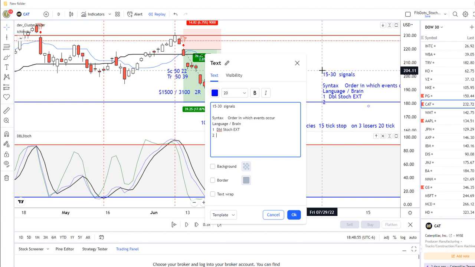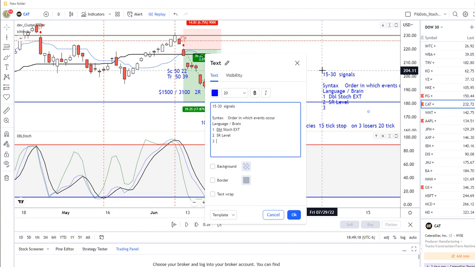2, I'd like this to occur at a key, and I'm going to use the verbiage SR, support or resistance level, or we can look at it at the black line, but right now I'd say just look at SR levels. Okay? 3, enter trade.